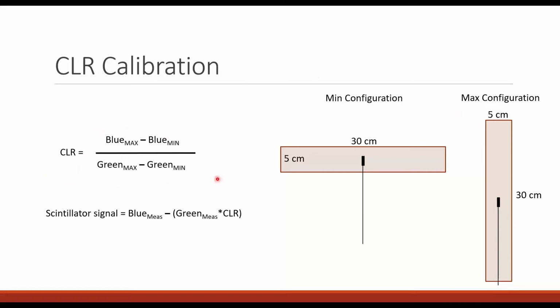The software then calibrates the CLR by looking at the difference in the blue and the green channels between the two configurations. Then when you're taking your measurements, it applies this correction factor to get just the scintillating signal.